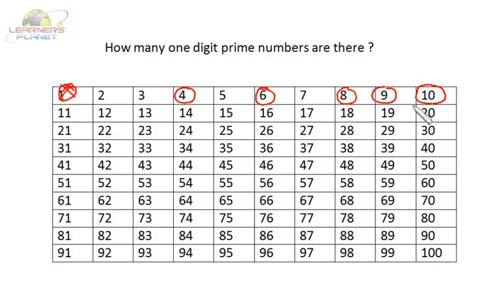So now we are left with the prime numbers: 2, 3, 5 and 7, which are single digit, and these are prime numbers. So how many one-digit prime numbers are there? These are 2, 3, 5, 7, and in all there are 4 one-digit prime numbers.